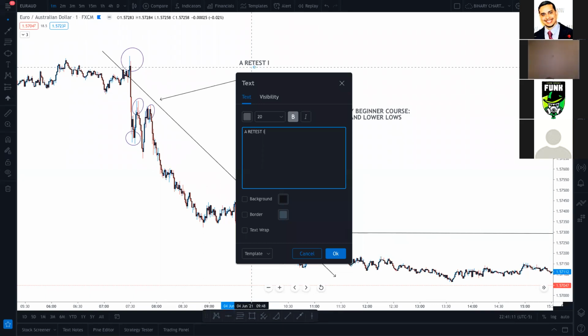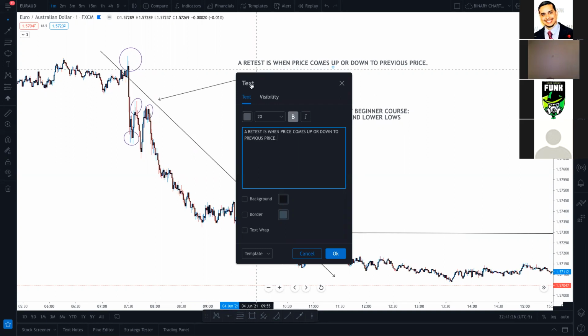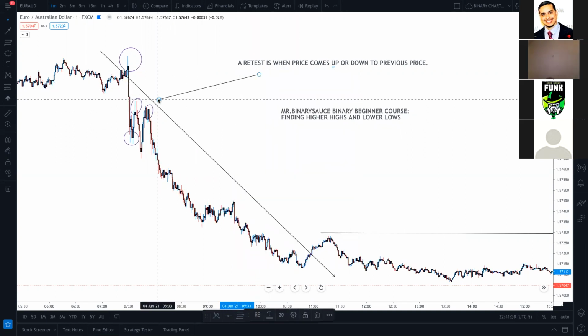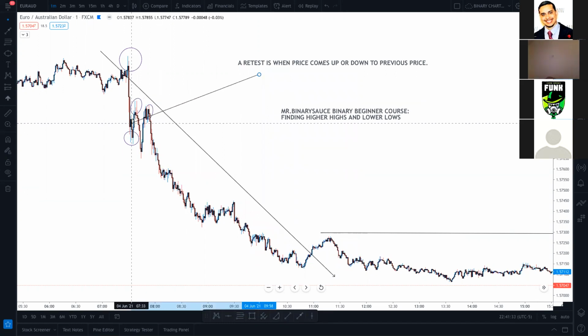A retest is when price comes up or down to previous price. And that is what this was. This was a retest. So the retest creates higher highs and lower lows.